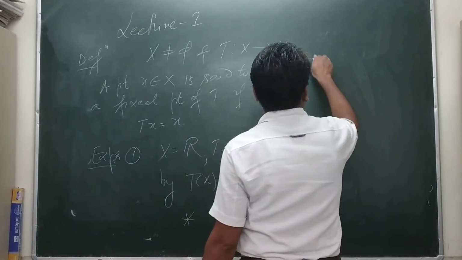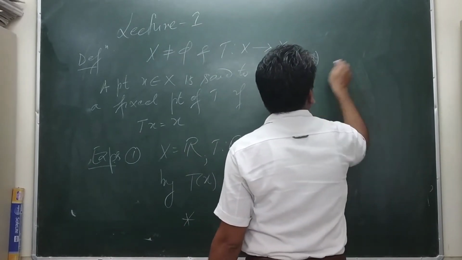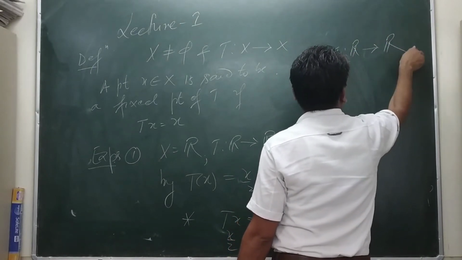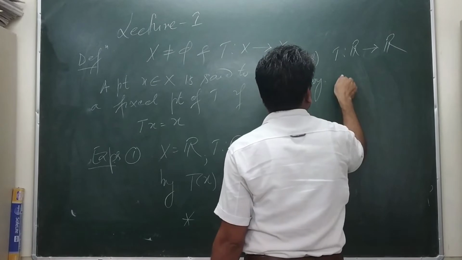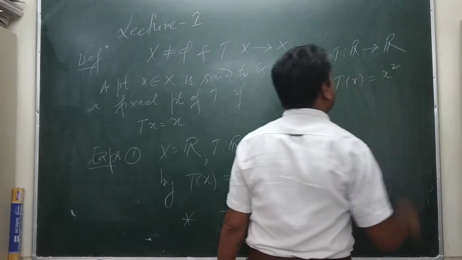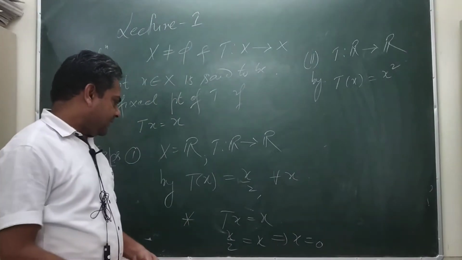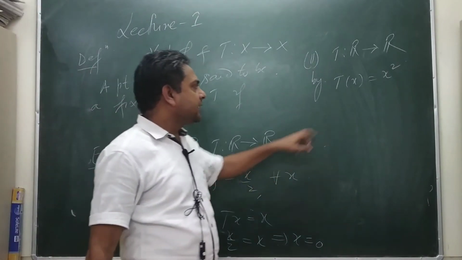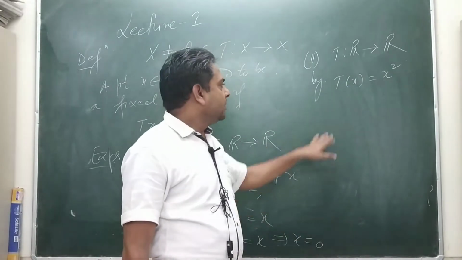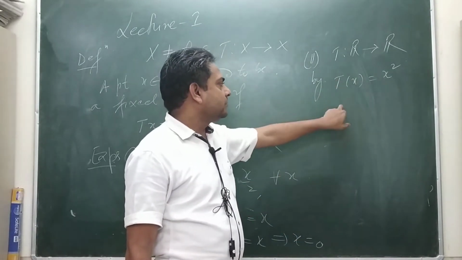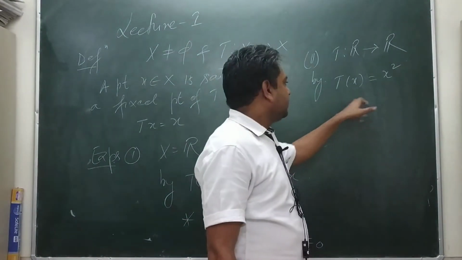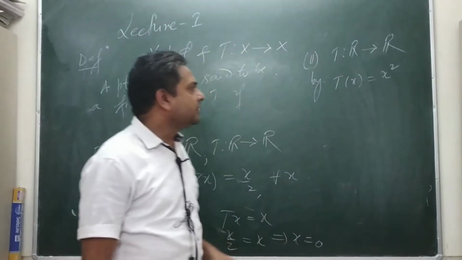Second example: consider the same map from R to R, defined by the rule T(x) equals x squared. In a similar way we can calculate the fixed points of this map. Substituting Tx equals x, we have the quadratic equation x equals x squared, and we can solve it.